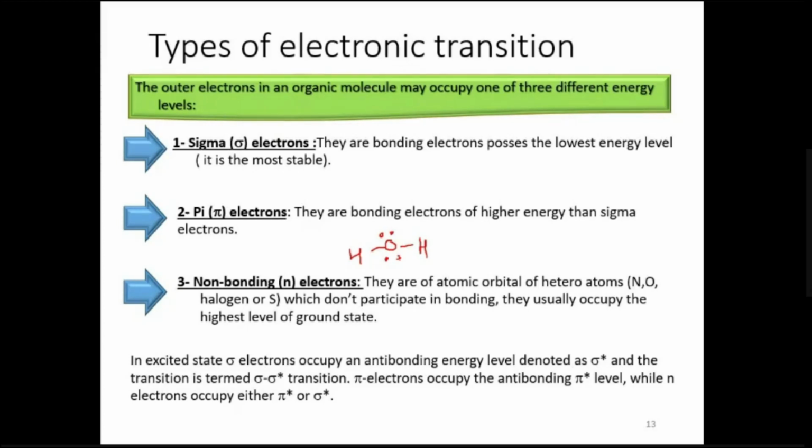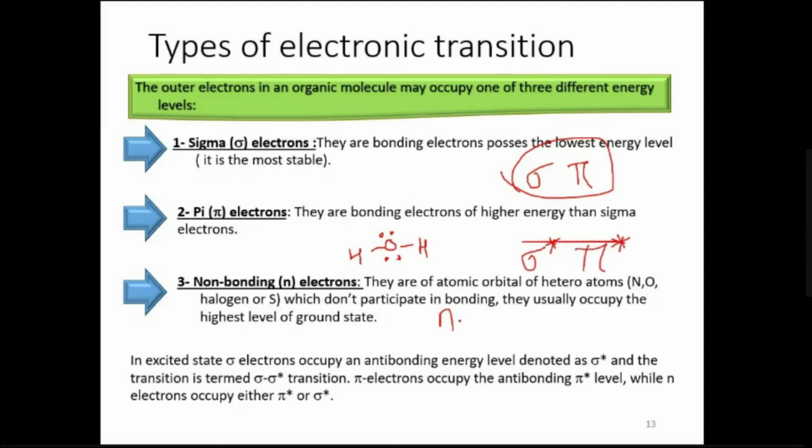Very good. Okay, so these electrons which are present in sigma bonds and pi bonds are called bonding electrons, and the ones present in the n orbital are called non-bonding electrons. There are also anti-bonding molecular orbitals, sigma star and pi star.